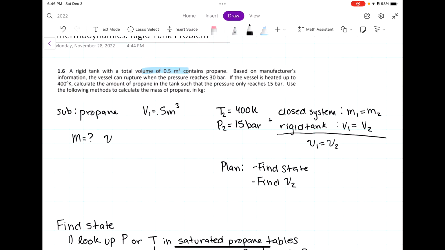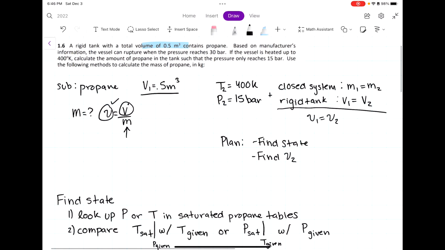And specific volume is equal to volume over mass. So if we figure out the specific volume, since we already have the volume, we can find mass, right?